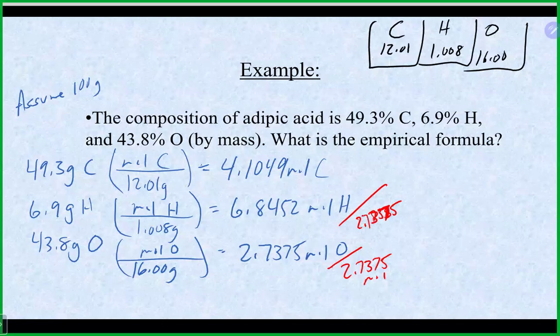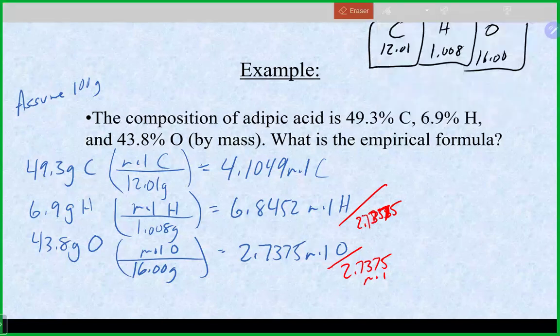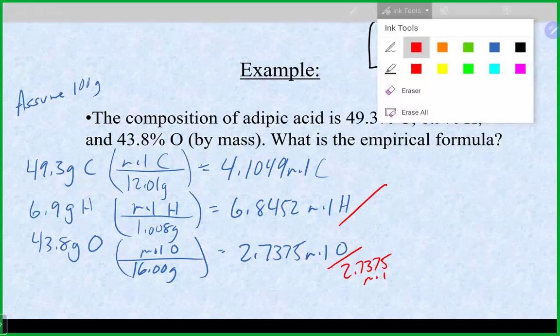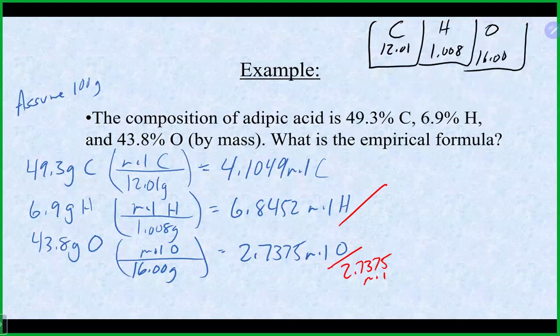I really butchered that number pretty badly. Let me try that again. All right, 2.7375 divided by 2.7375. So we got 1 for oxygen.